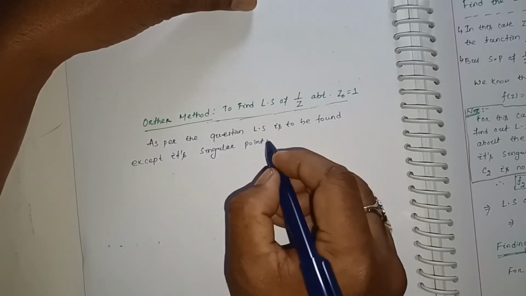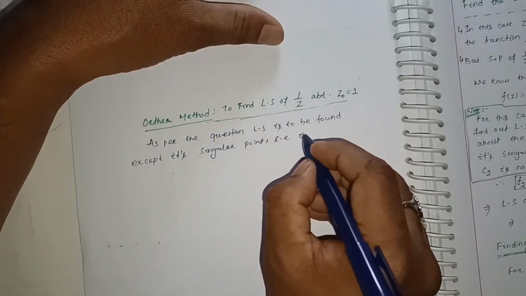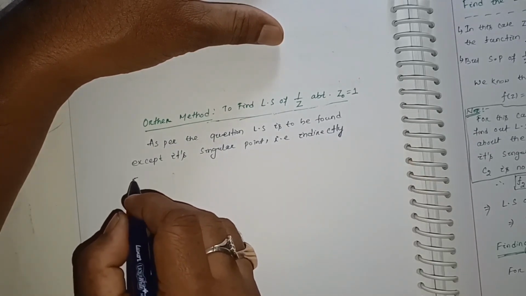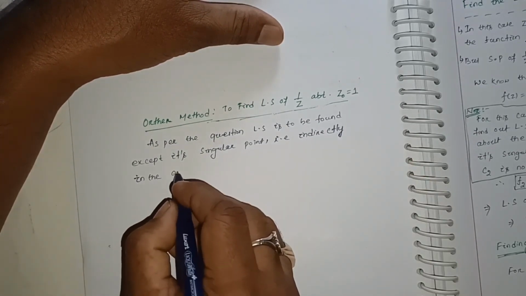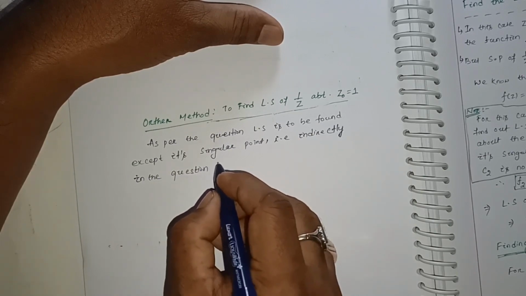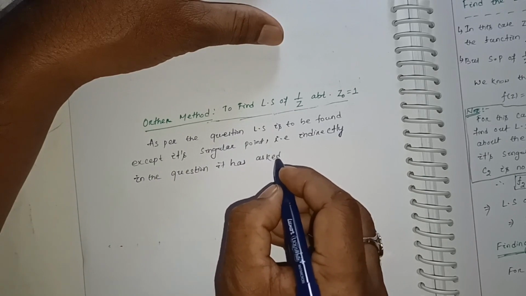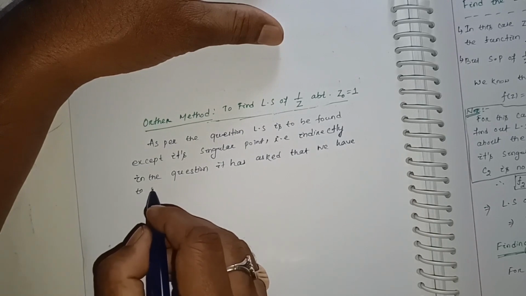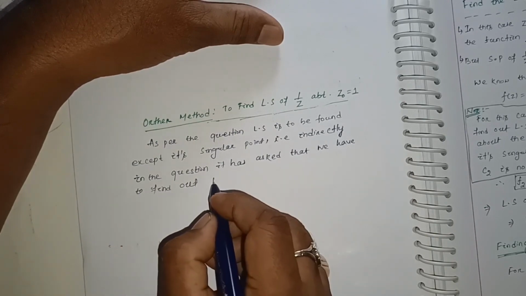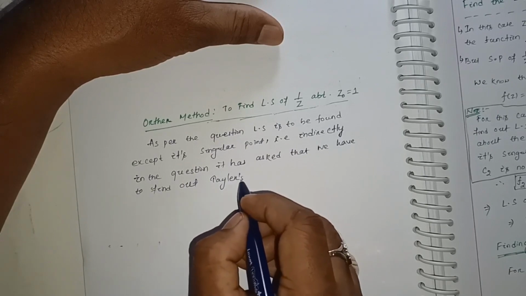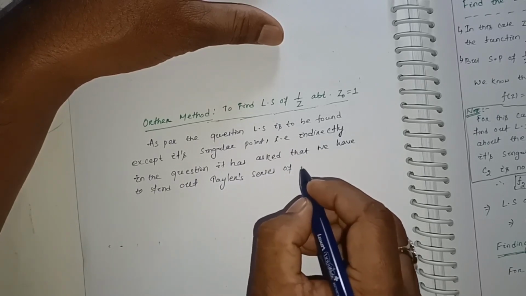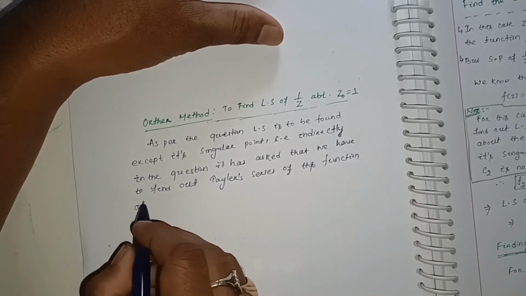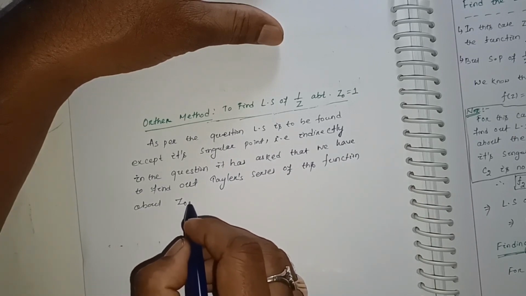Indirectly, in the question it has been asked that we have to find out the Taylor series of this function about z0 equal to 1.